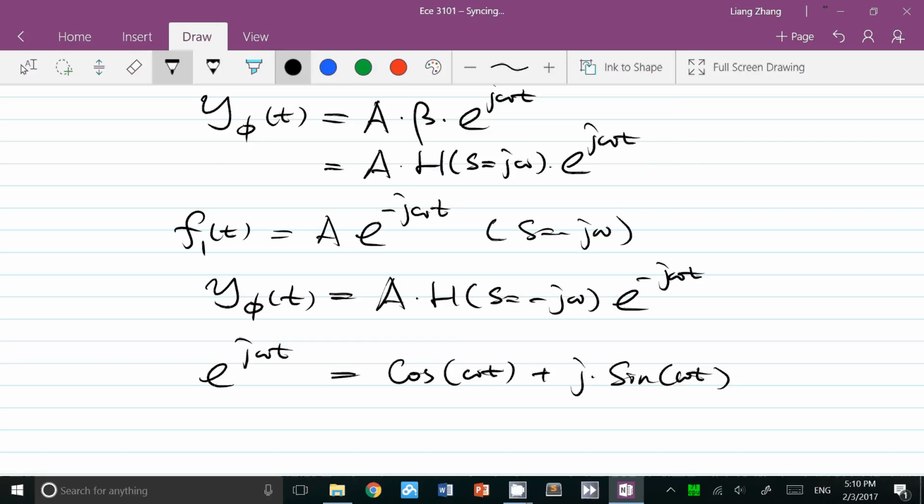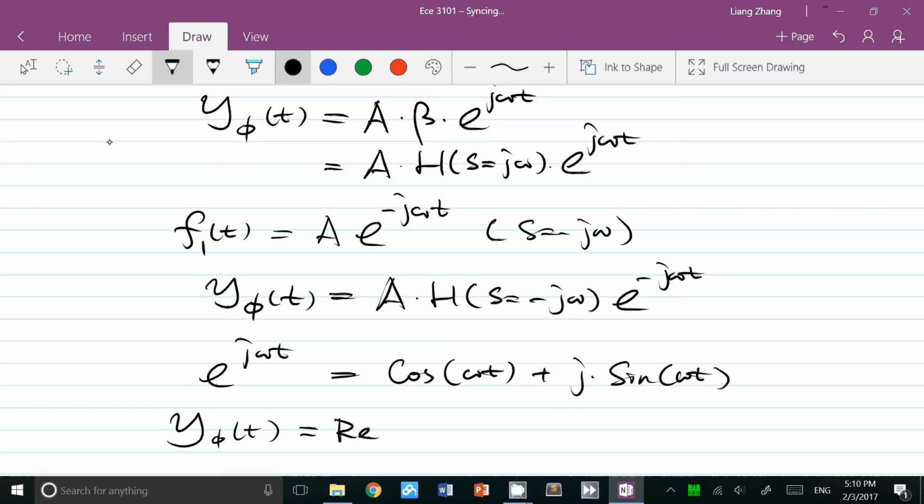If this is how I break it down, the corresponding output can also be broken down in the following manner.